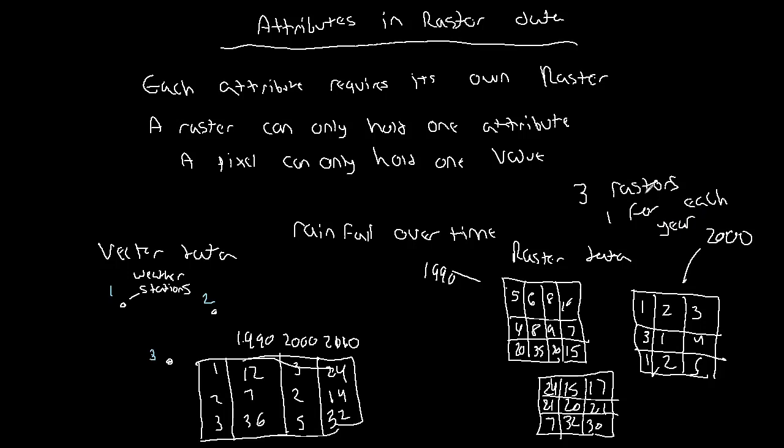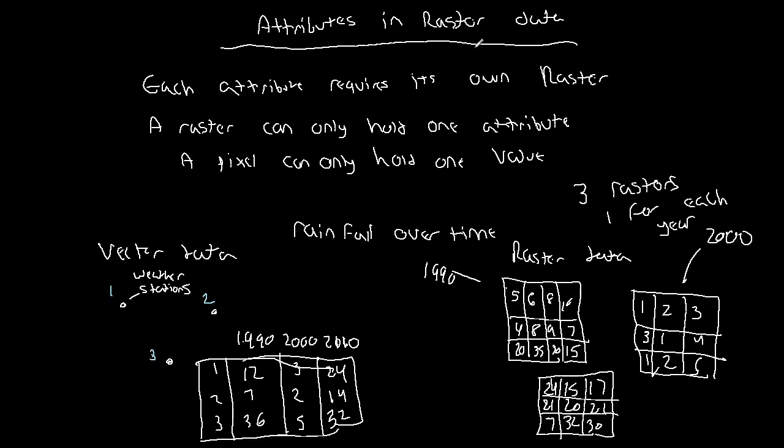Hopefully this illustrates the point that I'm trying to make. With vector data, it's easy to have multiple attributes for a given location. With raster data, you end up having to duplicate the entire data structure every time you want to add an additional attribute for a location.